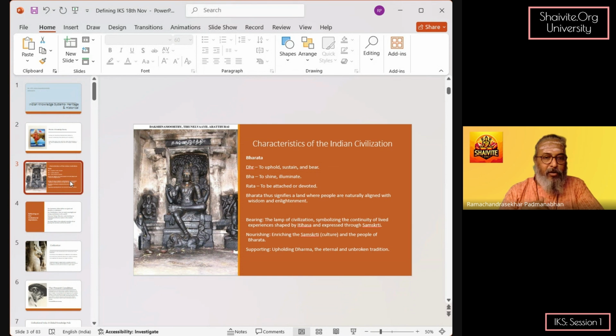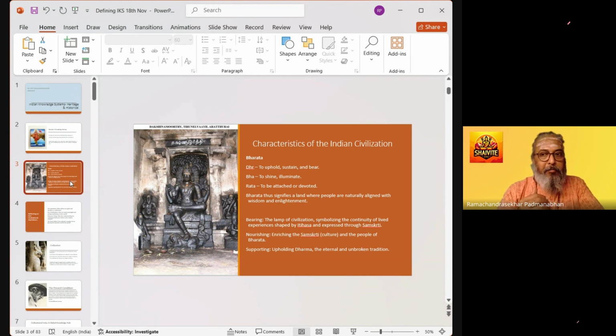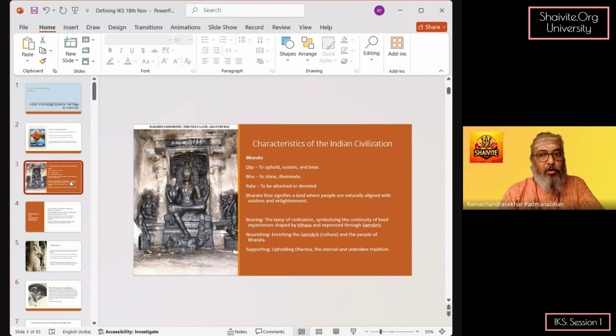So when we refer to Bharata, it is referring to the people who not only take forward the knowledge centrism, but they also support upholding the dharma.